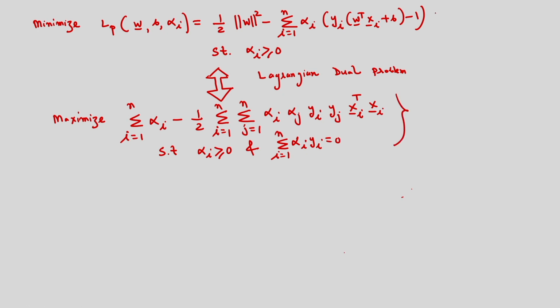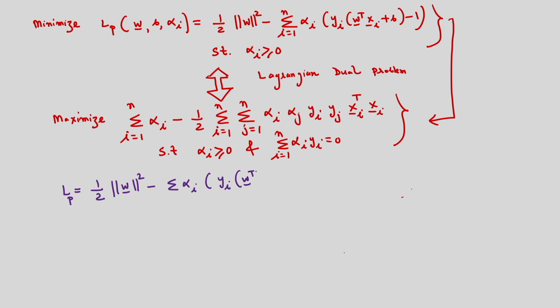So we obtain this condition. So how to get this condition? Mathematically I can show you. L_P was 1 by 2 W norm square minus summation alpha i y i (W transpose x i plus b minus 1).